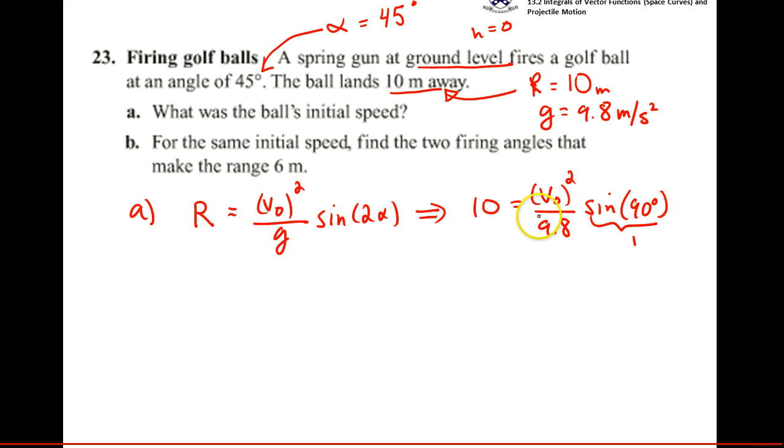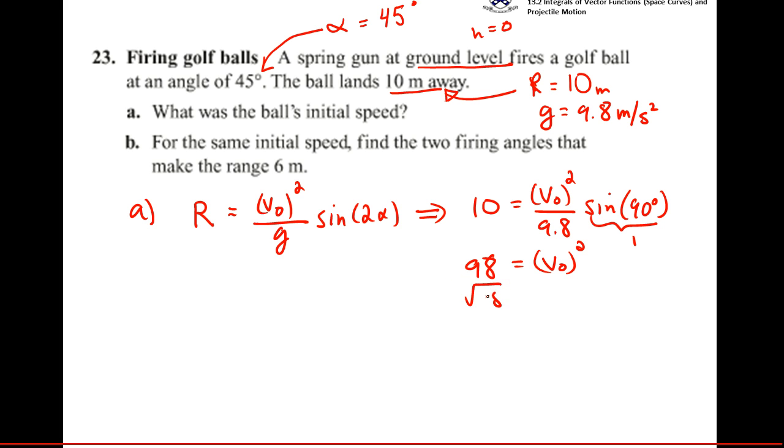Multiplying both sides by 9.8, we get 98 is equal to initial speed squared. Without a calculator it's kind of tough, but we take the square root of both sides.